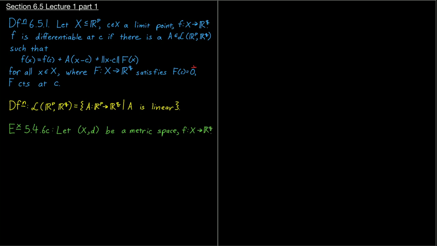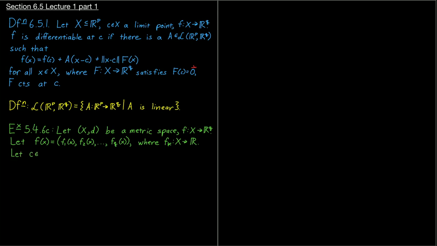And then we're going to write any f of x, if x is in our metric space, as f1 of x, f2 of x, up through f sub q of x, where each fk is a function with the same domain, but now mapping into the real numbers.